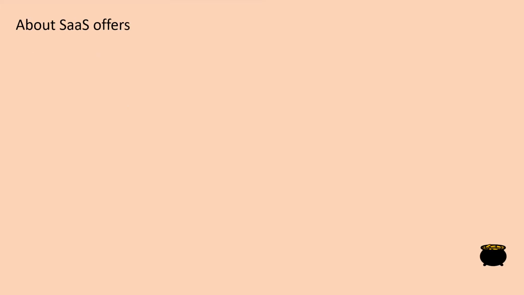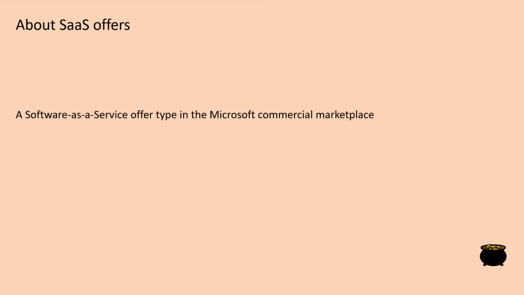Let's start by talking just a little bit about what SaaS offers are and how we might use them in the context of Teams App Camp. Firstly, SaaS offers are a type of offer within the Microsoft Commercial Marketplace, and of course, SaaS being software as a service. And what's really interesting about them is that they can provide functionality of a Teams application, right?